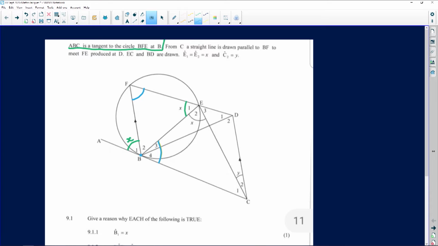Let's read on. They say to us, from point C, this is the point down here, a line is drawn parallel to BF. Now there's BF. Let me try and find my highlighter. I hope I'm going to find my highlighter. There we go. So BF is parallel to DC.